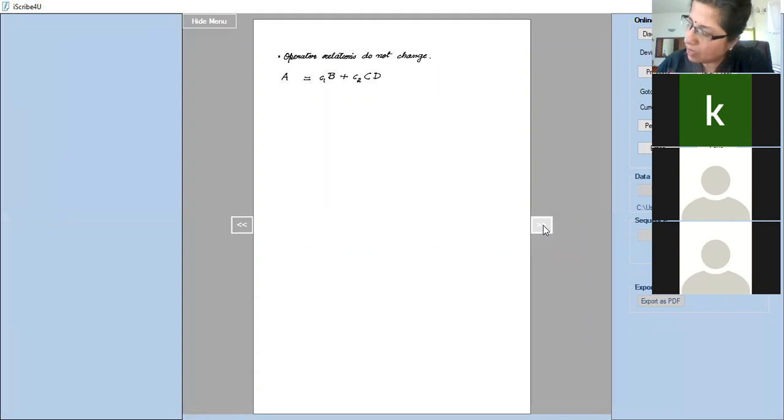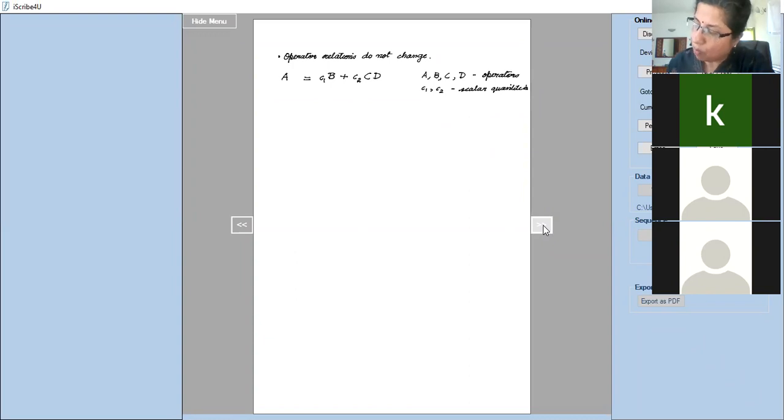So please remember A, B, C, D are all operators. And what about C1 and C2? These are just scalar quantities. They are not operators.